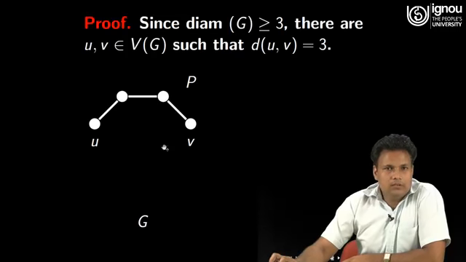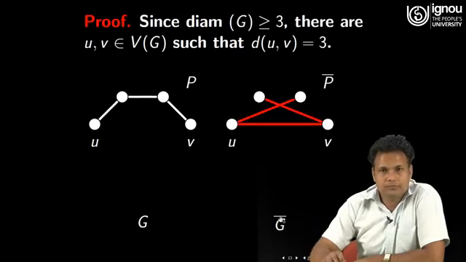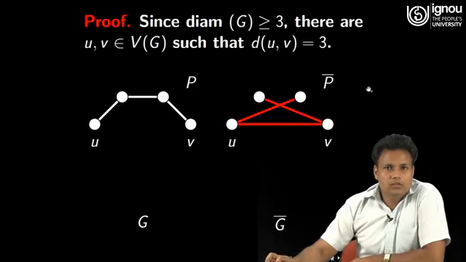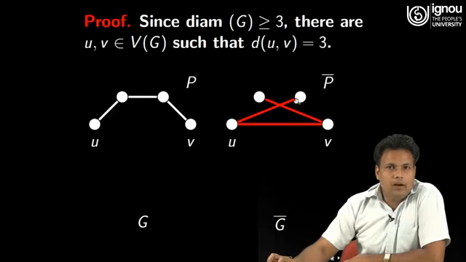So now let's look at how this path looks in the complement of G. So this is the complement of P, P bar, in G bar. Here U, V are non-adjacent, so U and V are adjacent, and likewise this edge is not present here, so this edge is here, and similarly this edge is absent here, so this edge is present here.